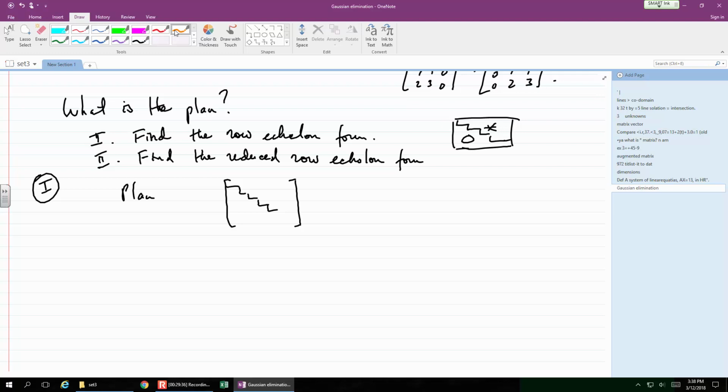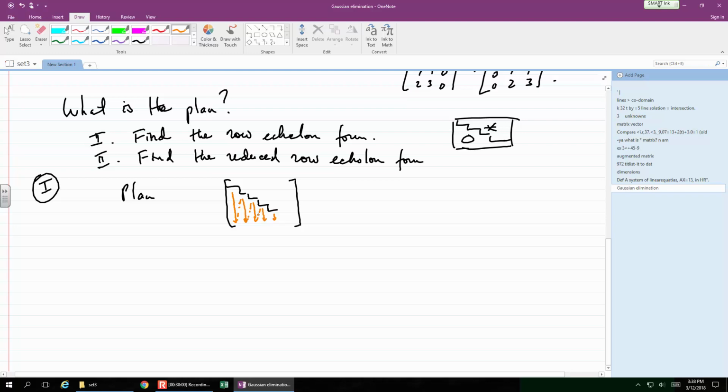So I have to clear things out there. This is how I'm going to be moving, like this. So columns from left to right, and within each column, top to bottom. Okay, so that's roughly the plan.